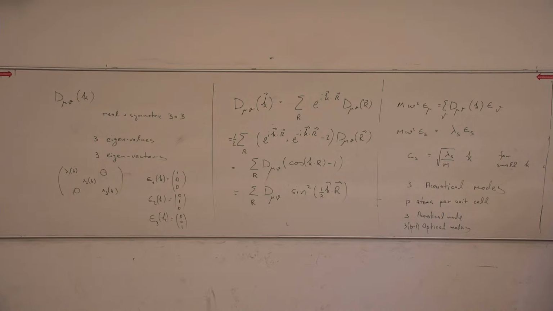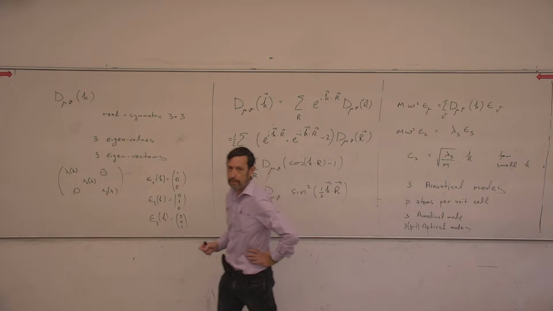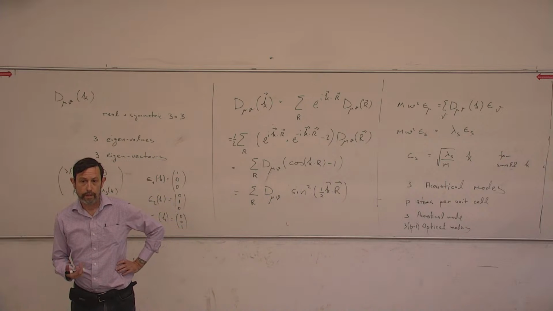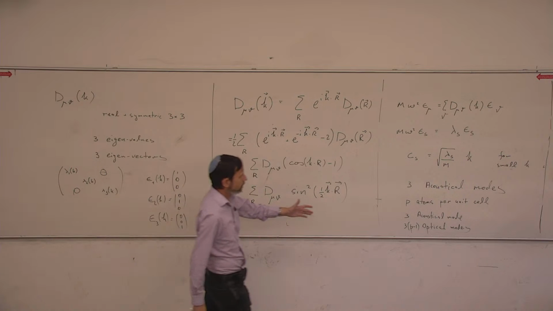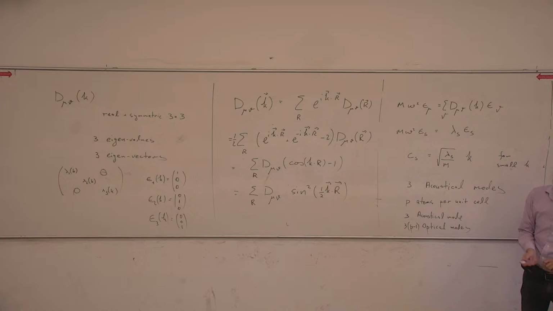Okay, and what we're going to do in the next lecture, whenever that will occur, is see how this understanding helps us to understand the quantum heat capacity of the system.